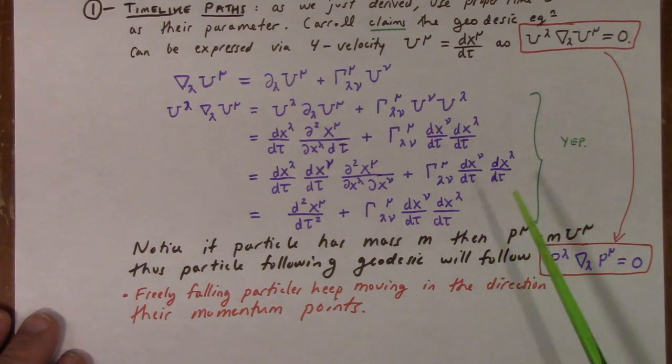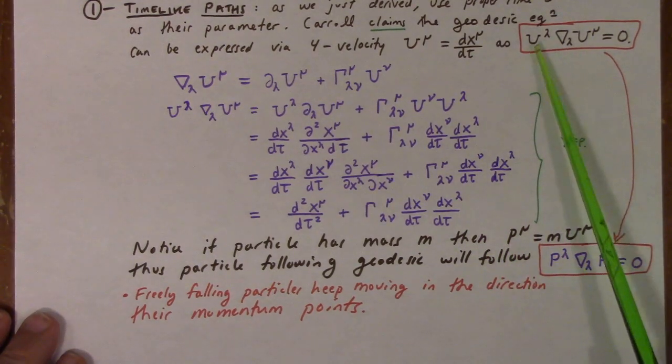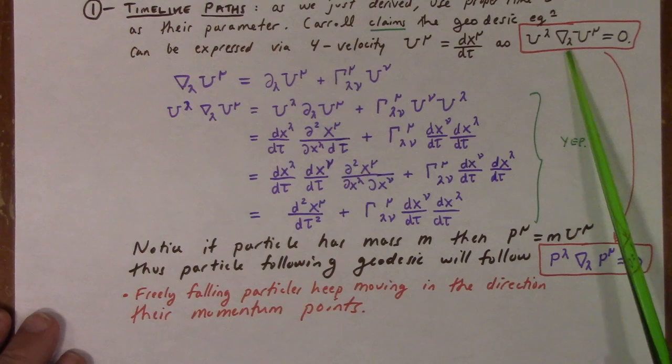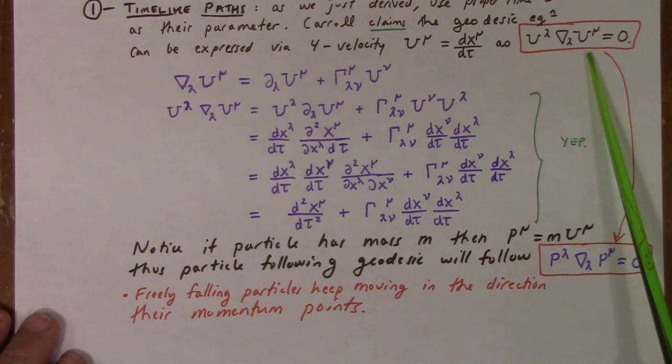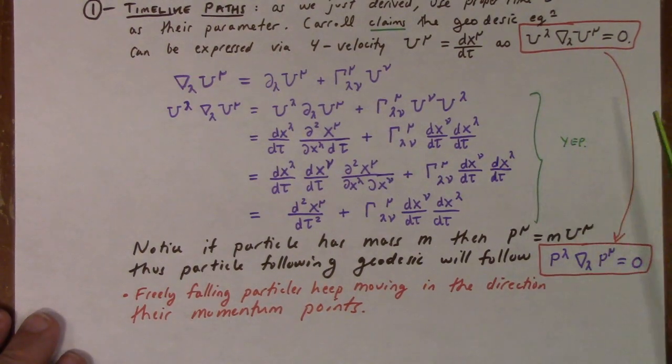There it is. So apparently, we can write the geodesic equation as the covariant divergence of the 4-velocity being equal to 0. And if you have a particle with mass m, multiplying the 4-velocity, the proper velocity, by m gives you the 4-momentum. So really, a particle following the geodesic will follow the equation that says the covariant divergence of the momentum of the particle is 0.